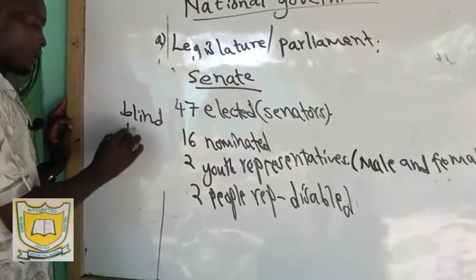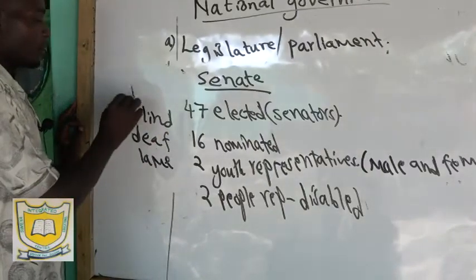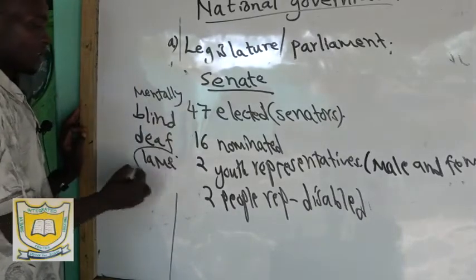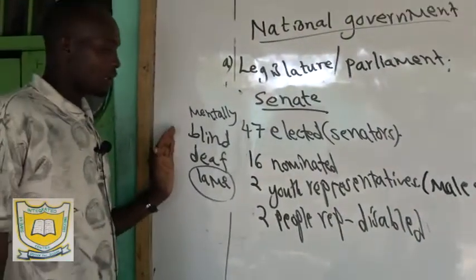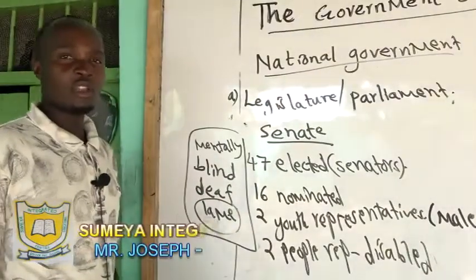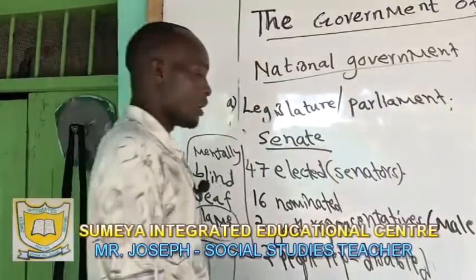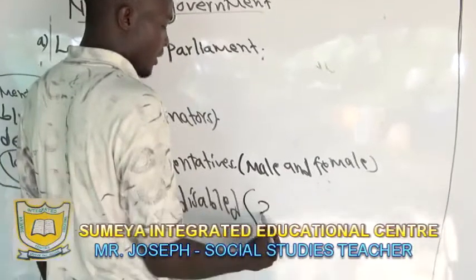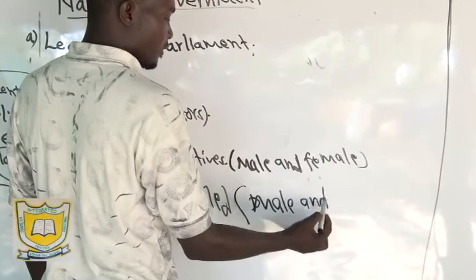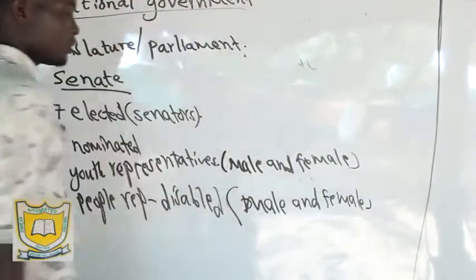We have the deaf. We have the lame. Then you have also the mentally challenged, and the physically challenged. So these are what you call the disabled people. They are here, the deaf, the dumb, those people with disabilities. So we have two people representing them in this parliament. Then there are male and female. So remember that, male and female.